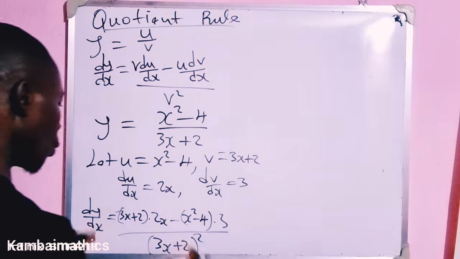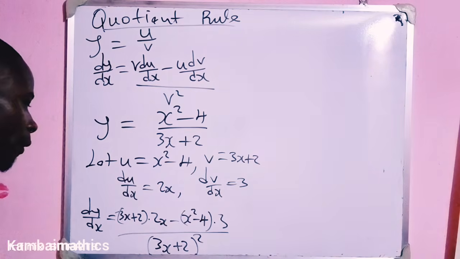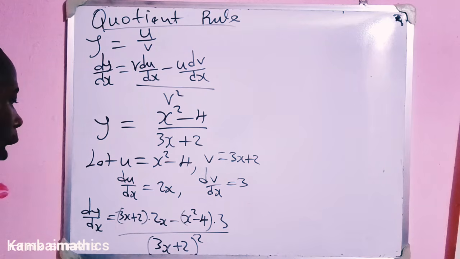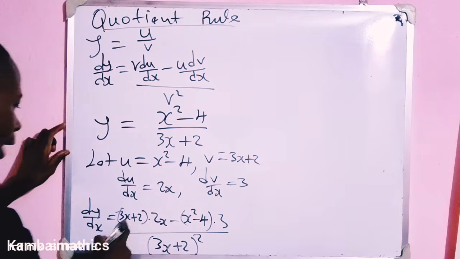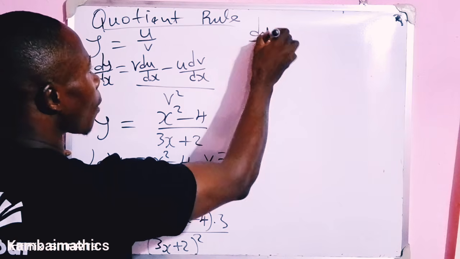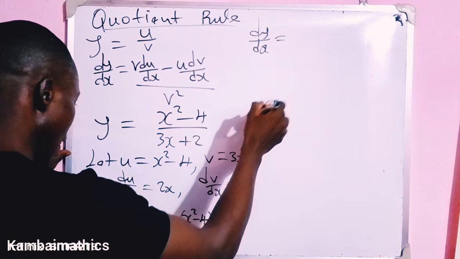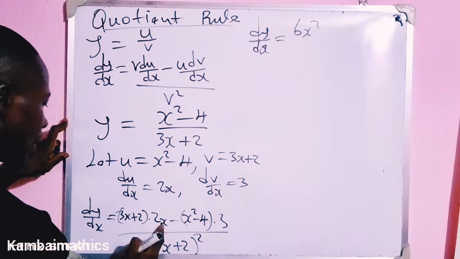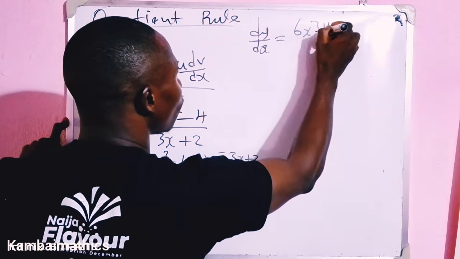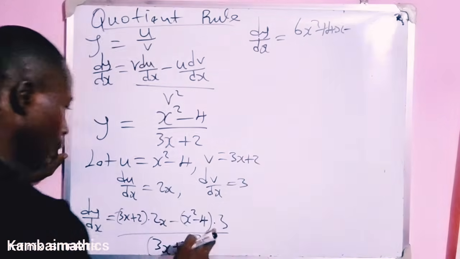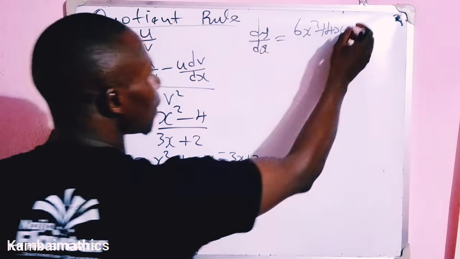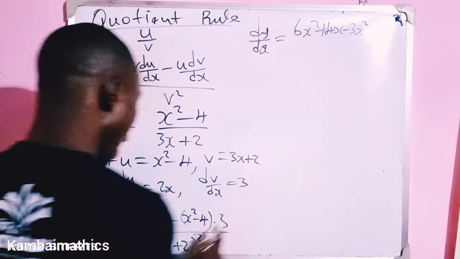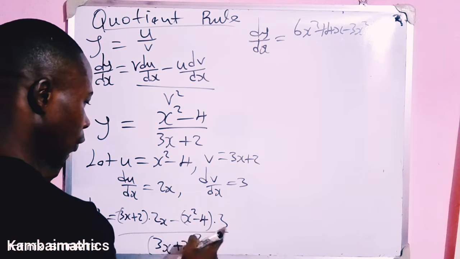Having done this substitution, we can now simplify by opening this bracket, since there is not much to factor out. So this times this will give us 6x squared, this times this will give us plus 4x minus, this times this will give us minus 3x squared, and then minus times minus is plus, this times this will give us 12.